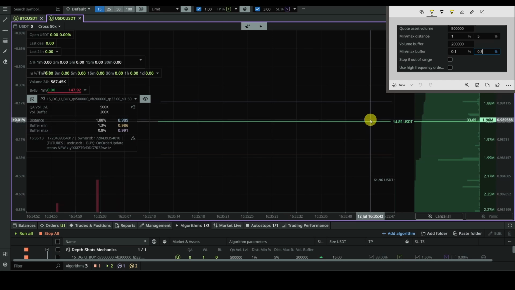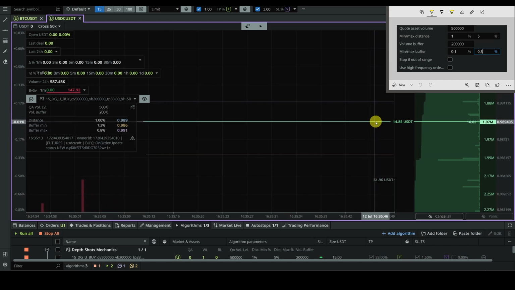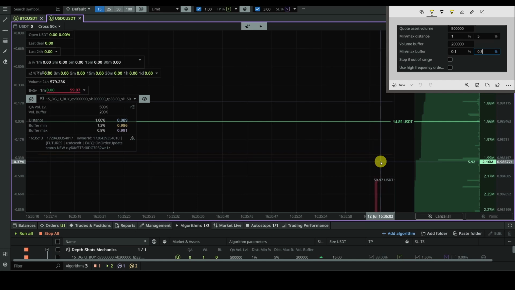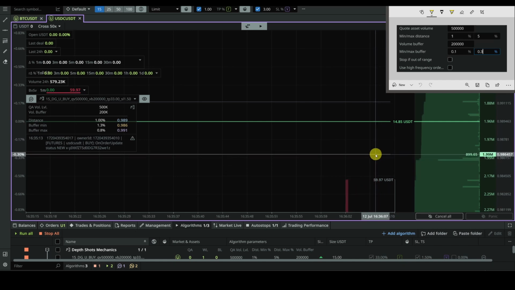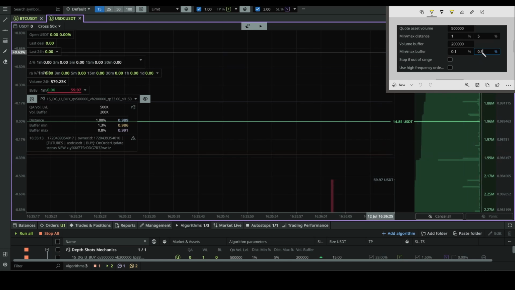So we are here again at about 2 million because that's the minimum distance. And the volume buffer, we need to add 100,000. So that will be, here we have 197, so about 2.1. 2.1 is way down here. So this must be 0.3, our maximum buffer.